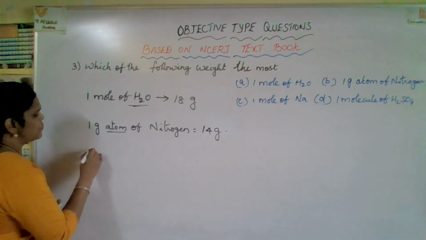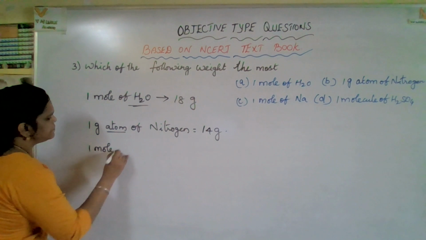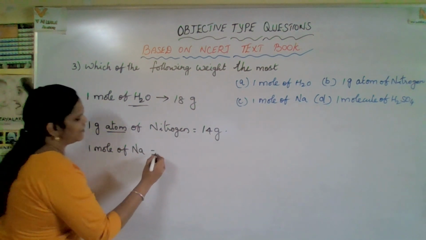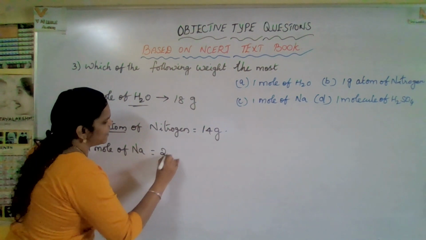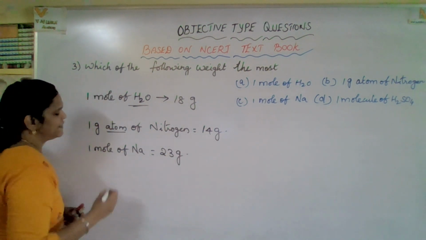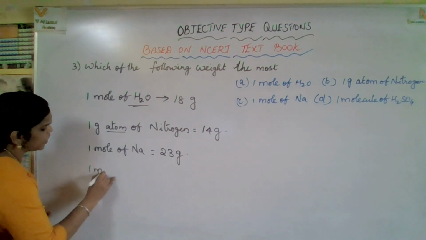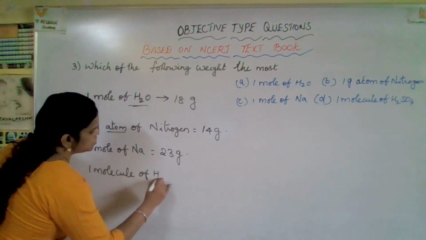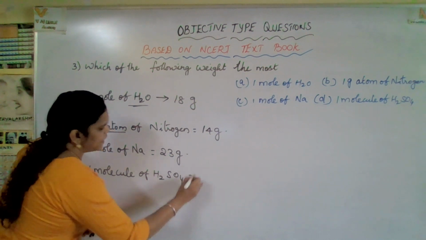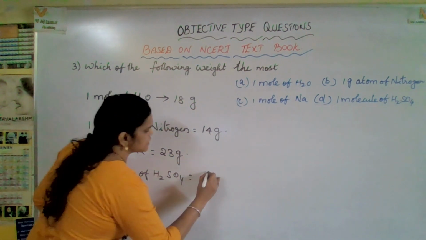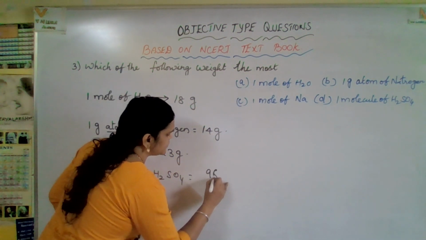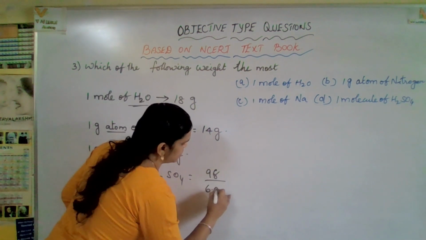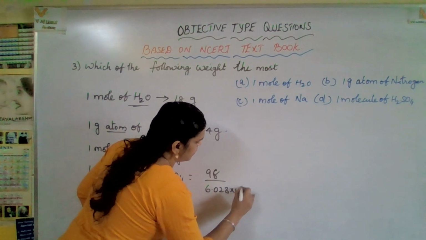Right. Now, next one. 1 mole of sodium. It's monoatomic only, naturally. So, here 23 gram. The next one. 1 molecule of H2SO4. H2SO4 molecular mass, what it is? 98 divided by Avogadro number 6.023 into 10 to the power of 23.